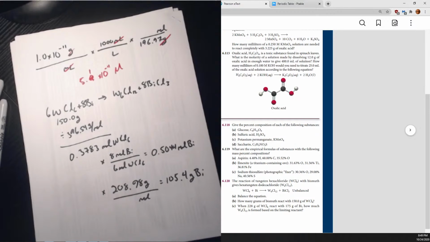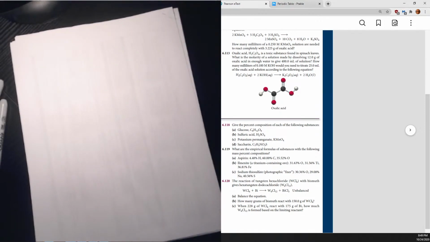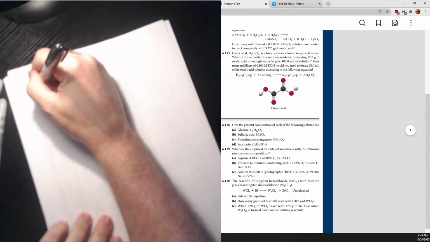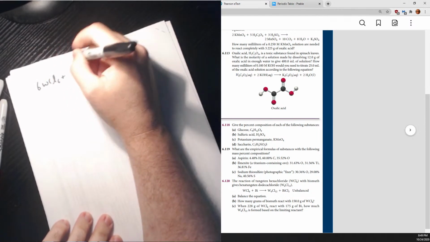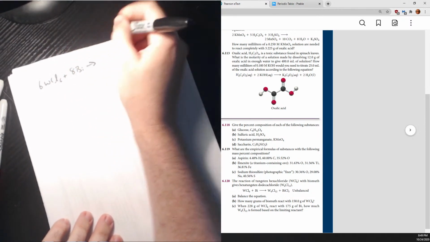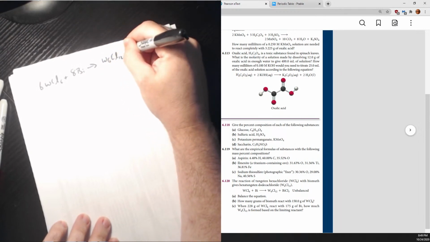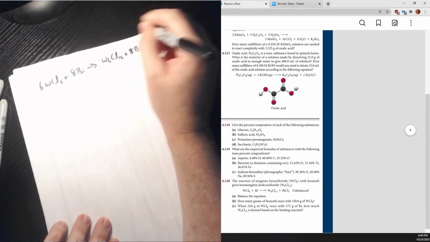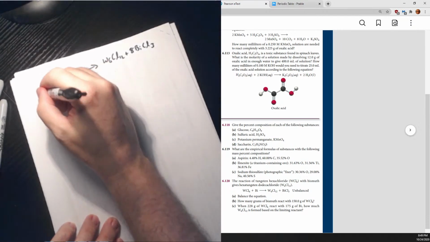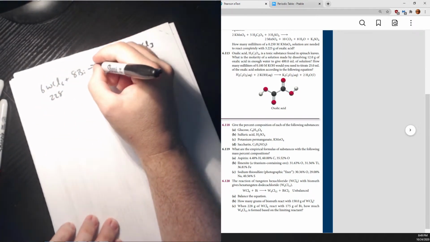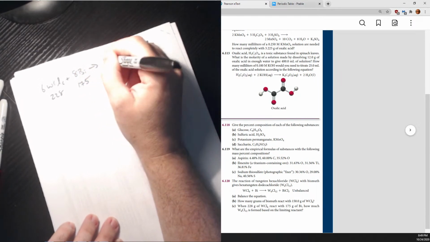All right. And when 228 grams react with 175 grams, how much is formed based on the limiting reactant? All right. So, limiting reactant problem. 6WCl6 plus 8Bi yields W6Cl12 plus 8BiCl3. 228 and 175.